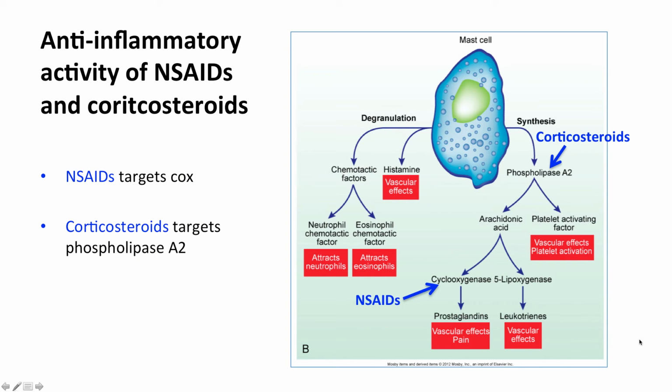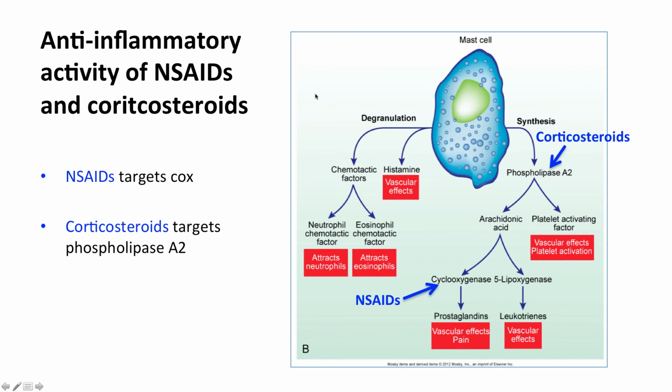So this is the figure I already showed you before when we talked about the type 1 hypersensitivity reaction. This is the mast cell degranulation and synthesis process. And we talked about the anti-inflammatory activity of NSAIDs and the corticosteroids.